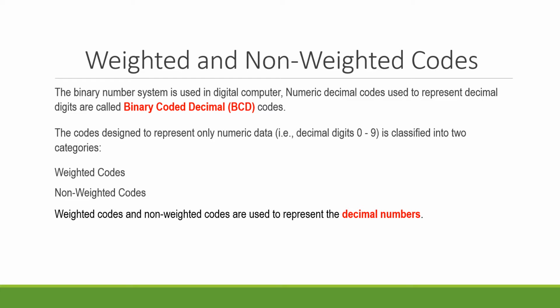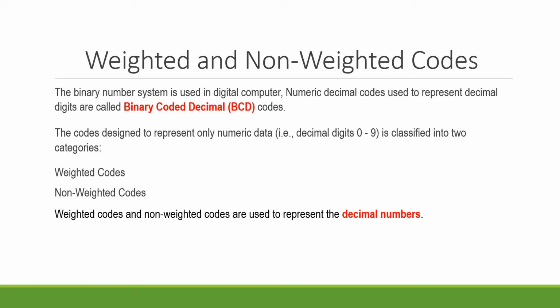First of all, we'll see what are the weighted and non-weighted codes. The binary number system is used in digital computers. We all know that numerical decimal codes are used to represent decimal digits and are called binary coded decimal codes, that is BCD.